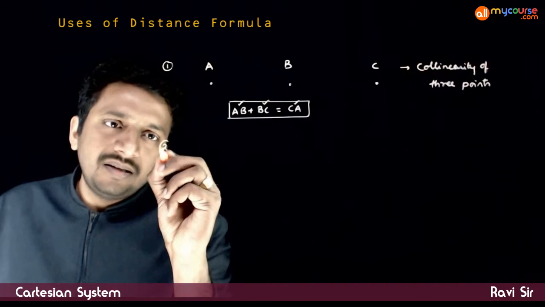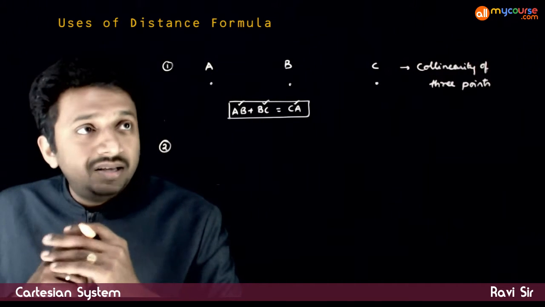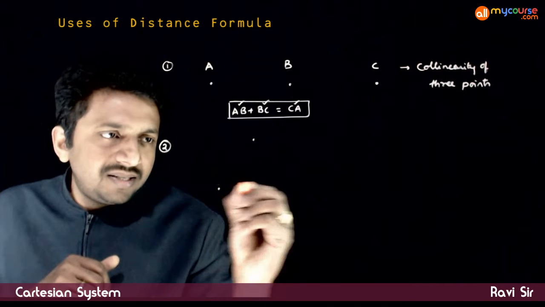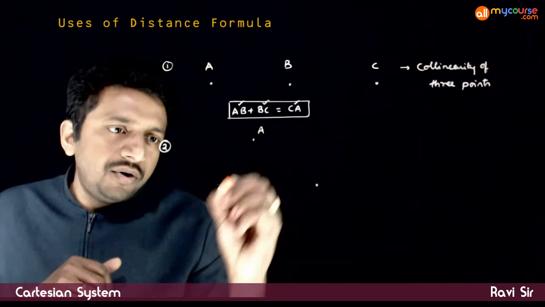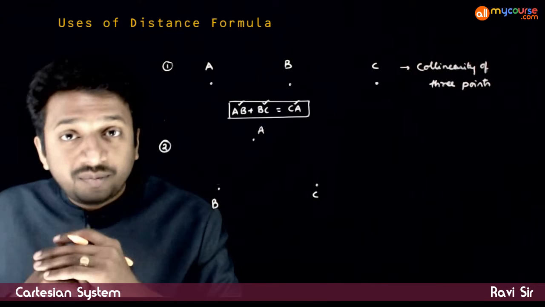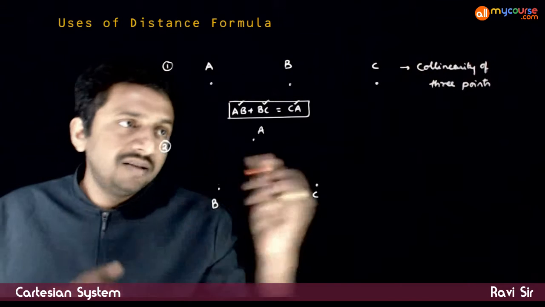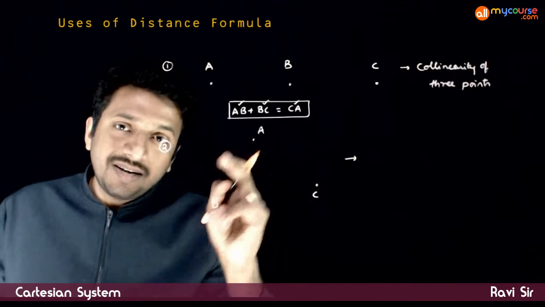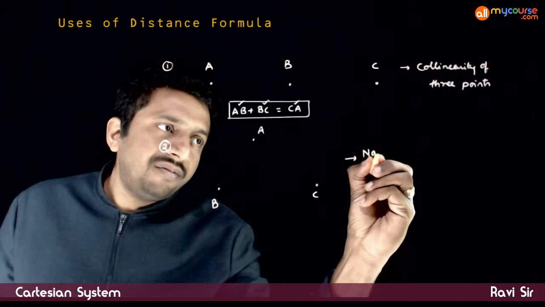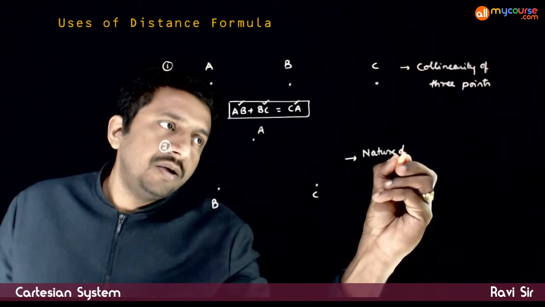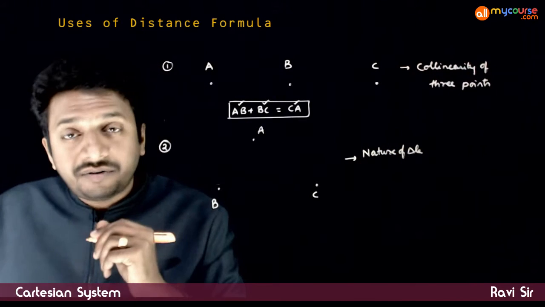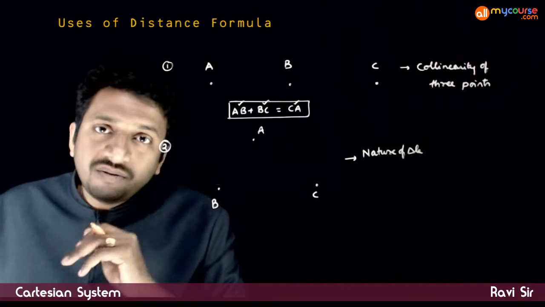The second use is if the points A, B, C are not collinear. If the points A, B, C are not collinear, obviously they form a triangle. So you can determine the nature of triangle. You can determine what kind of triangle ABC forms.